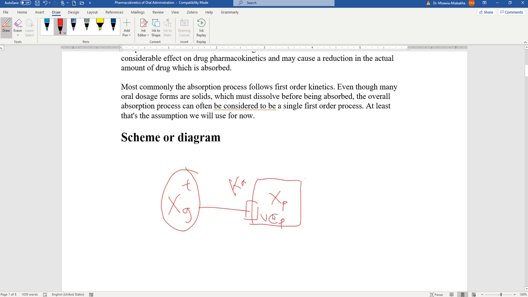Now, what affects the amount here? Of course, how much is getting in per time, and also how much is getting out, through the window, which is KEL. And of course, usually the door is much larger than the window. That's why the drug concentration is able to build up, meaning able to increase inside our body. If the door is small and the window is big, what would happen?